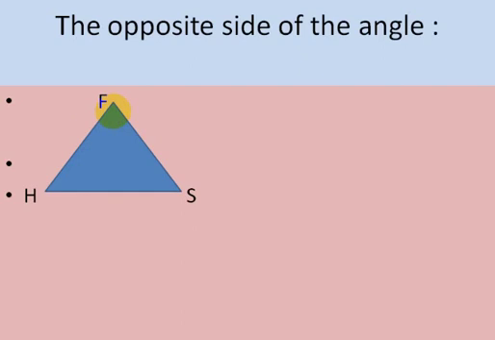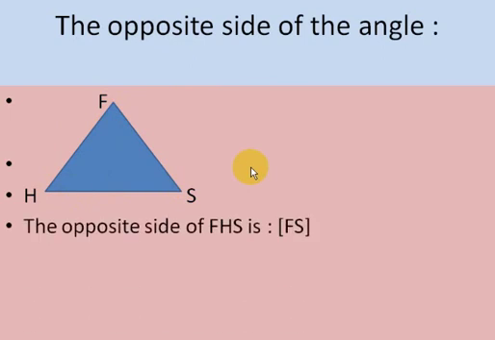The opposite side of the angle F here. Which side is opposite to F? It's HS. When we say side, it means a segment. So what's the segment opposite to F? It's HS. So HS is the side opposite to the angle.